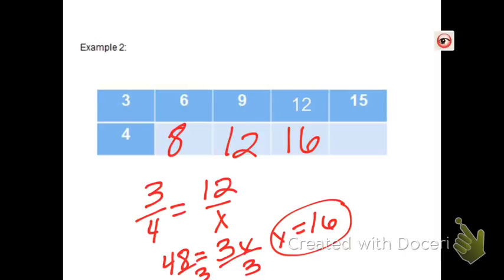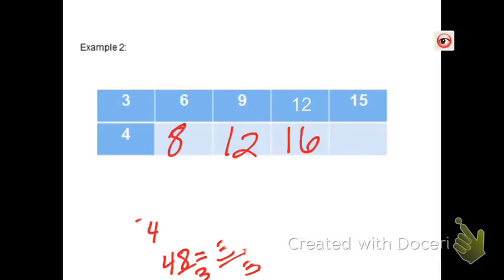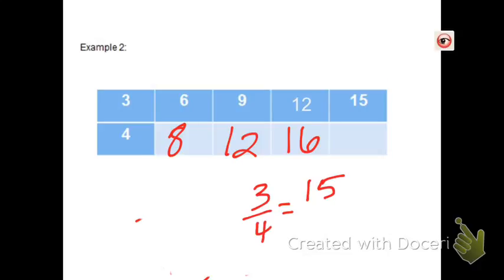Okay, and our last one. 20. 3/4 equals 15 over x. Be careful about just automatically assuming that it's going to be 20, because what if they had skipped 15 and put 18 there? Because they will do that to you.